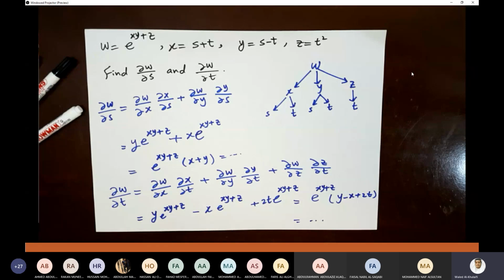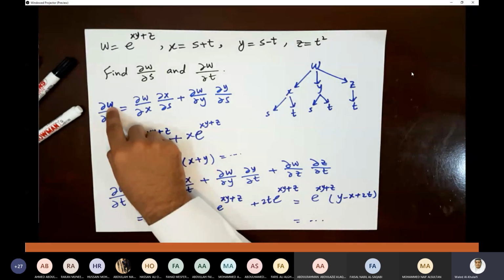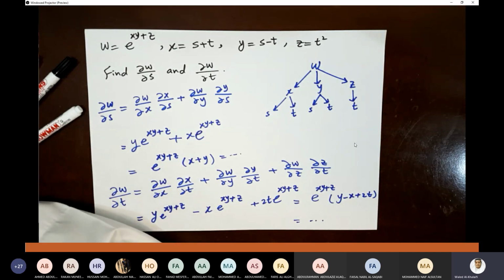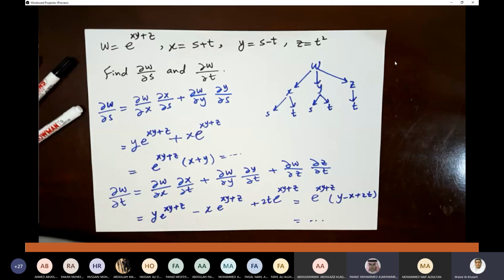خلاص? You want to find the rate of change of w with respect to s, for example, or the rate of change of w with respect to t. Okay, شباب? Okay, محمد? دكتور, so partial w by partial t or s. Three ways. No, I can't do it in one way, right? What do you mean by one way?